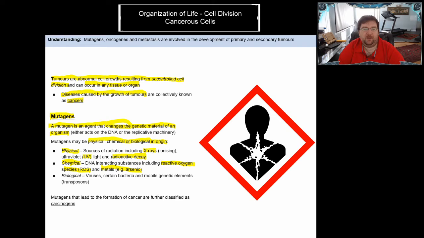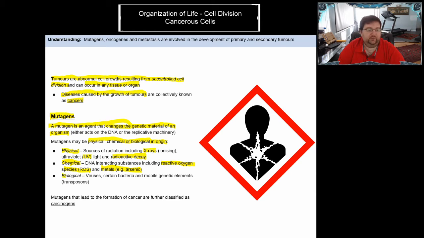There are some chemicals, specifically in these two groups, metals and ROS, that are known to cause cancer. And whenever you see a product with this symbol on your screen, it's a mutagenic thing. If you're holding something that has this on it, I'd be very, very careful with that.